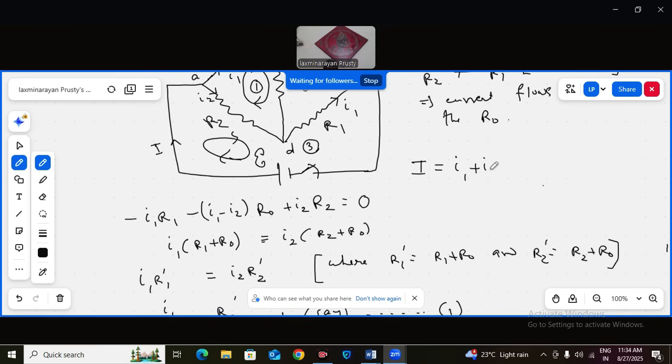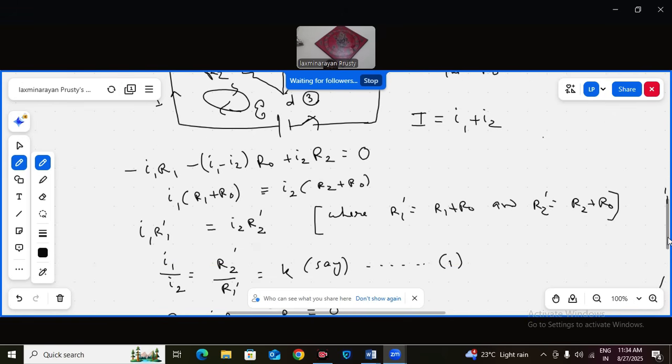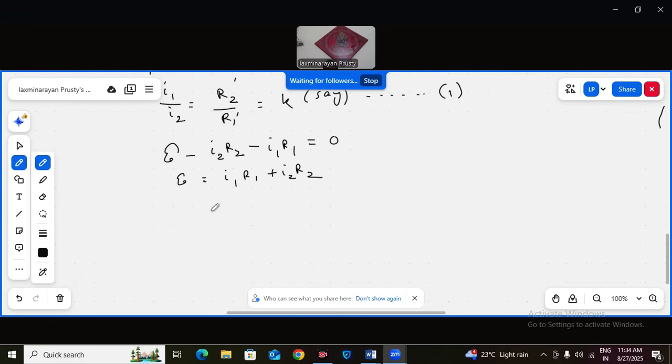I1 plus I2. The total current is I1 plus I2. Let me write it here. This is I is I1 plus I2, and the ratio I1 by I2 is K, or R2 dash by R1 dash. So what is I1? I1 by I2 is R2 dash by R1 dash, and I1 plus I2 is I. So what is I1?